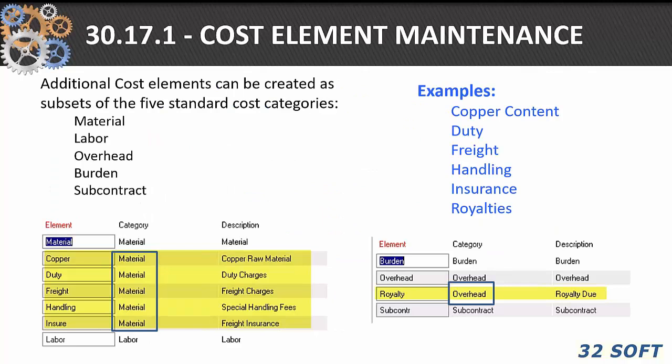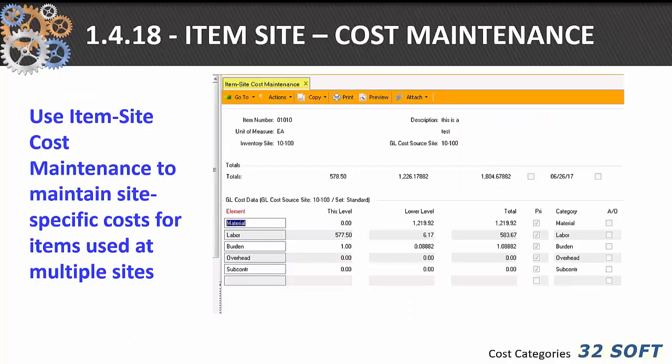There is the capability to add as many different item elements or cost elements that you really need besides the 5 of material, labor, overhead, burden, subcontract. I've worked with companies that have duty, freight, handling, insurance, royalties, specific commodity contents that can be tracked as part of that item cost element in your standards.